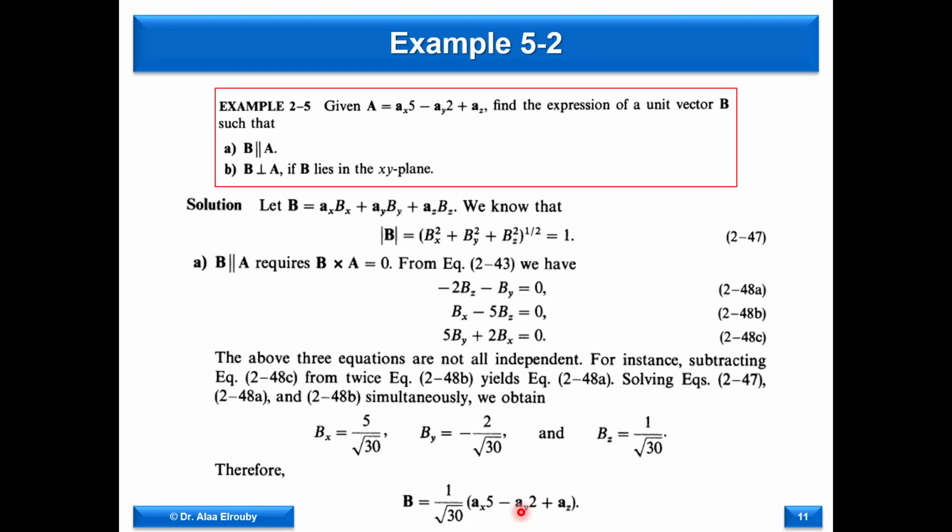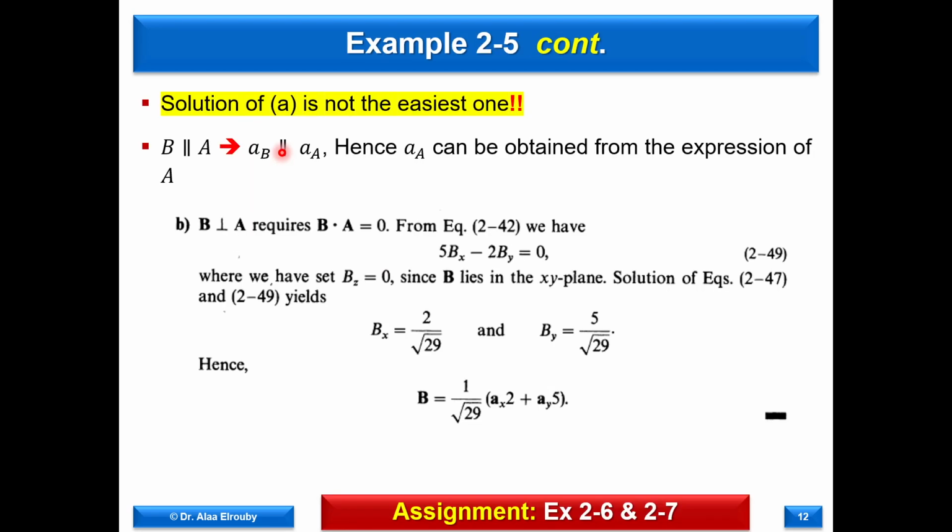For me, this is a bad way to solve this problem. The better way to solve it is to use the meaning of b parallel to a. As we mentioned in lecture number 1 about the meaning of two parallel vectors, it means that the unit vectors of the two vectors are the same.